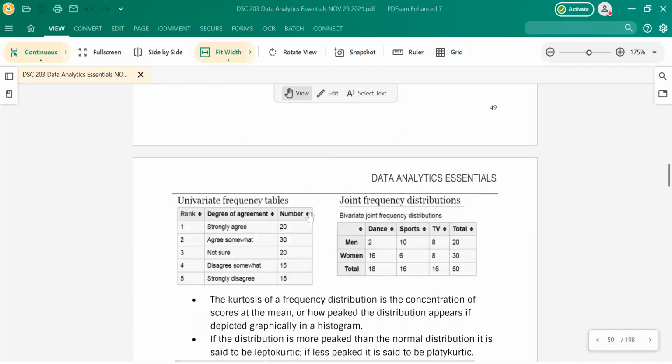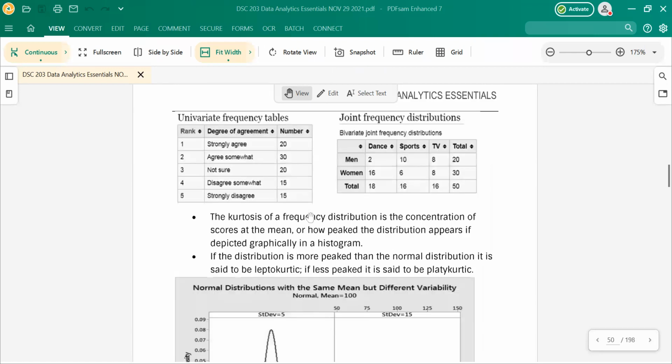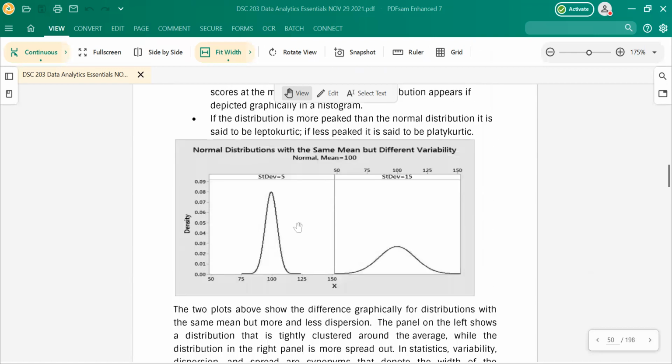So again, see here, this is the graph. If you see here, the standard deviation here. What is the mean of this graph? Tell me. I'm asking you about this graph. What is the mean value? 100.